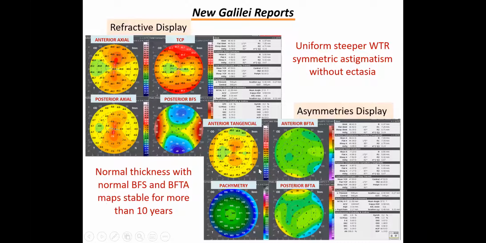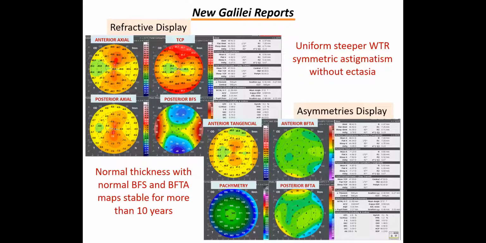And the asymmetries display where we show the tangential, both anterior and posterior best fit toric aspheric, and the pachymetry map. You can see that in the best fit toric aspheric maps, it is completely green at the center. So we cannot discover a bump.